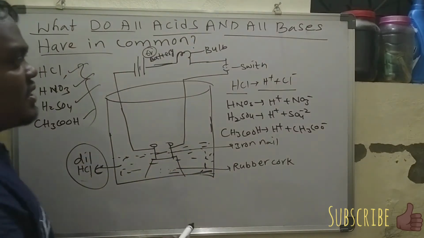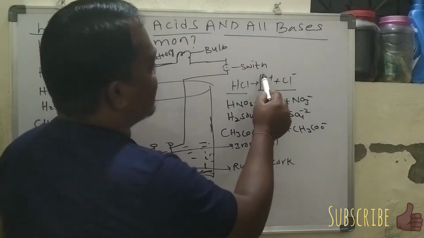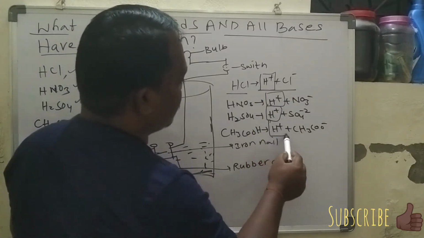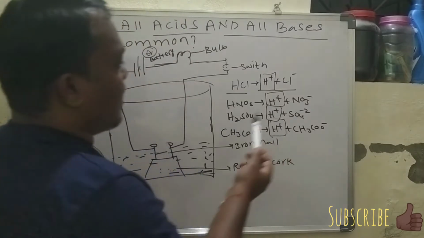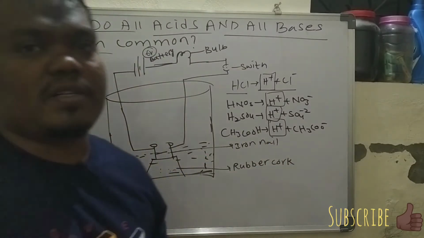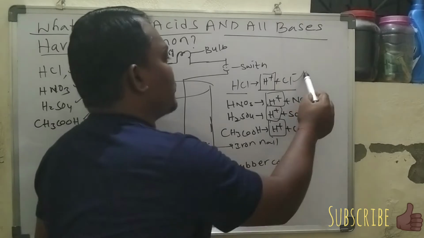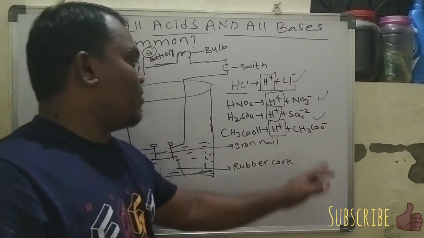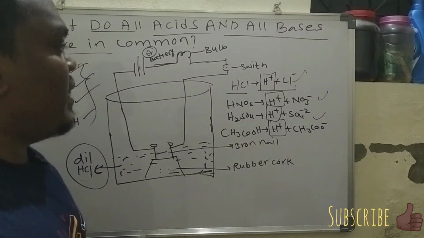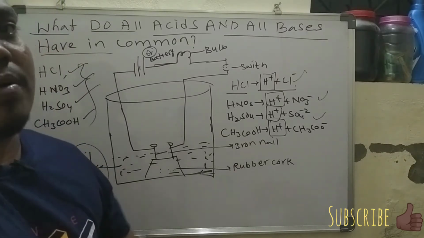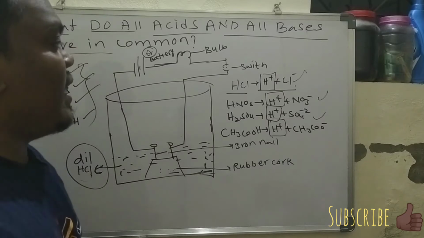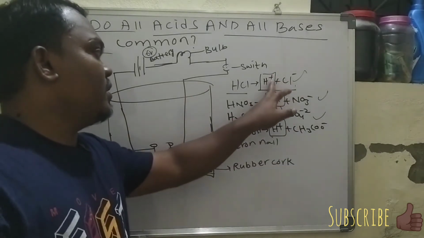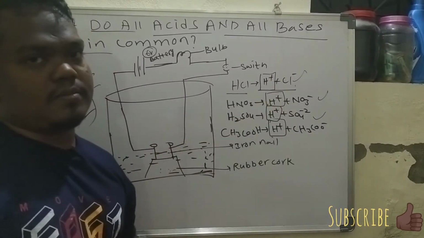If we consider these acids, they all have H plus in common. The cation is H plus, and the anions are different, like Cl minus, NO3 minus, SO4 2 minus and CH3COO minus. So different anions but the same cation, H plus.